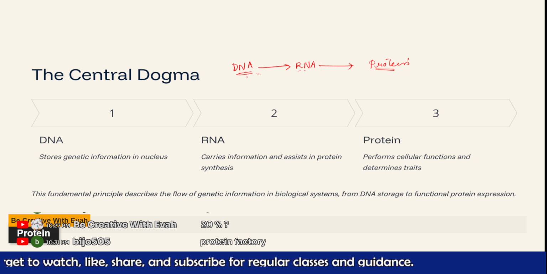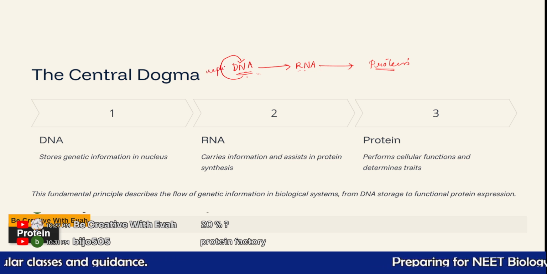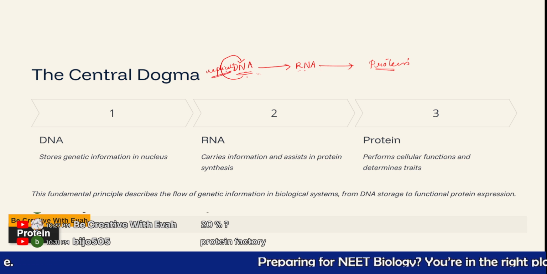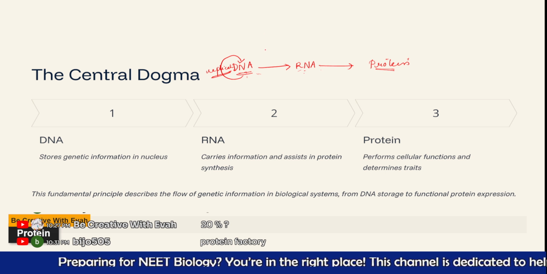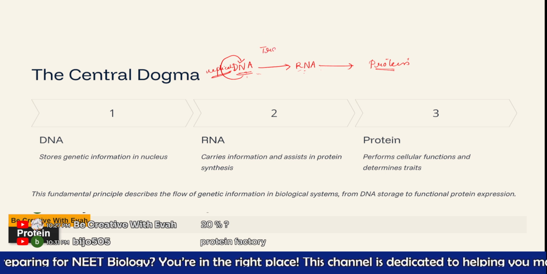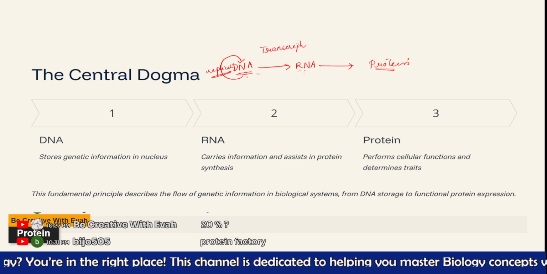Also, from the DNA, it can make its own copy, the DNA replication. So what is replication of the DNA? Synthesis of DNA. Copies of DNA will be produced. That is called replication. From the DNA, RNA is produced. That is called transcription.